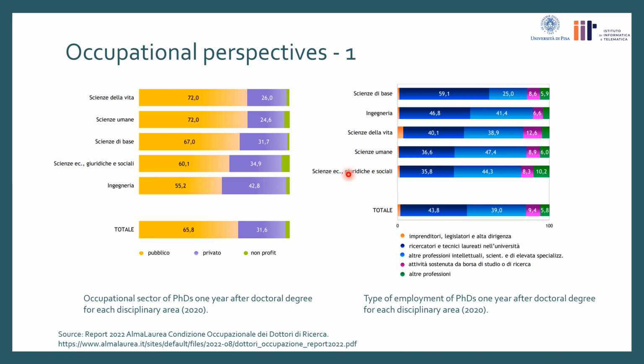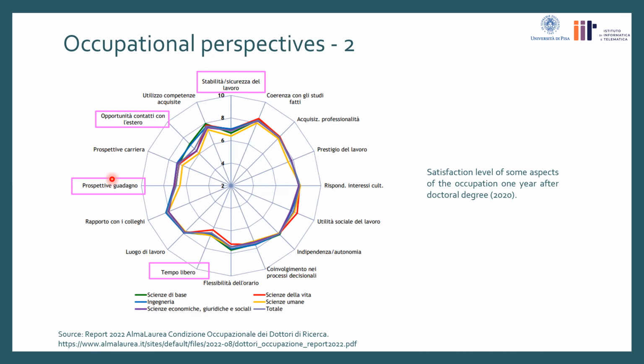But what do they think about their occupations? Let's see this plot. This is a scale from 2 to 10 of the satisfaction level of some aspects of the occupation 1 year after the doctoral degree.